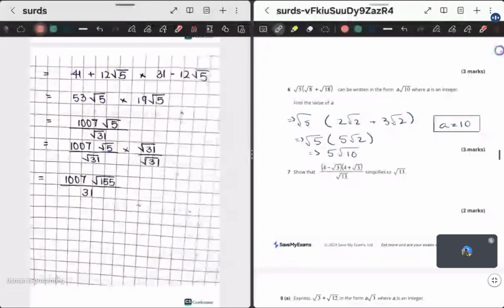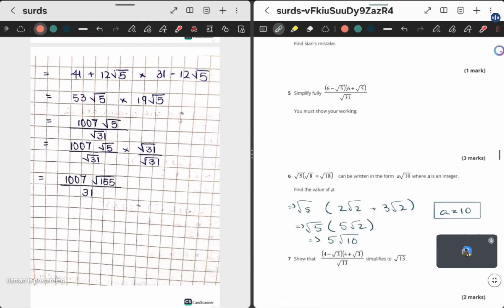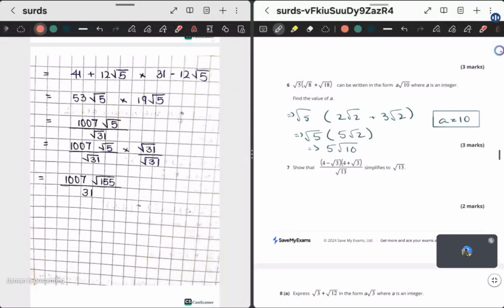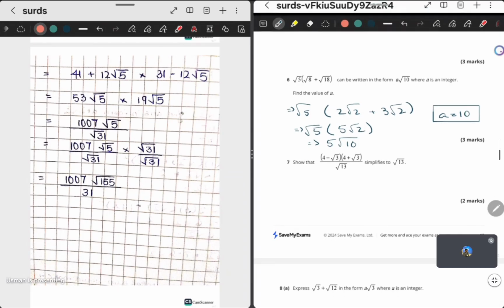The contents of the surds multiply with each other, yes? So you've done a question just like this above, right? So when you have root 2 multiplying with root 5, it will become root 10. Similarly, if you have root 3 multiplying with root 6, you'll get root 18. Yes? Good job.